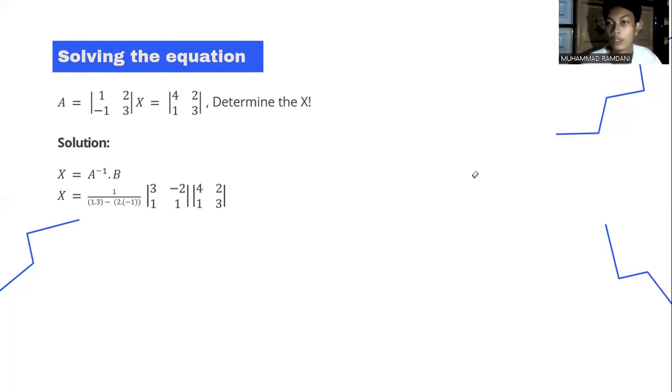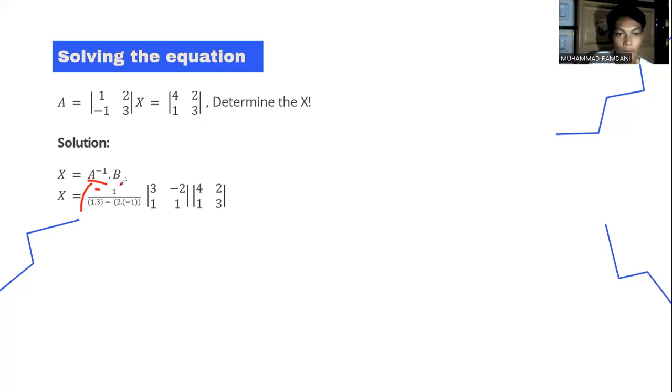Back on the explanation before, we need to move A onto the right side, and it becomes the inverse. So we need to determine the inverse first. How do we do it?